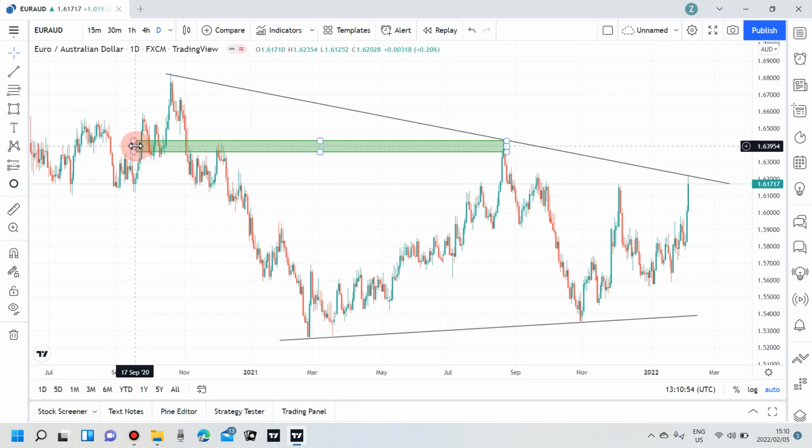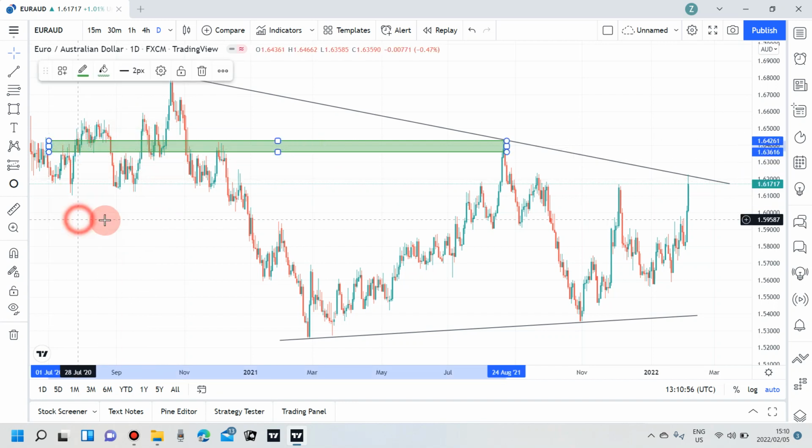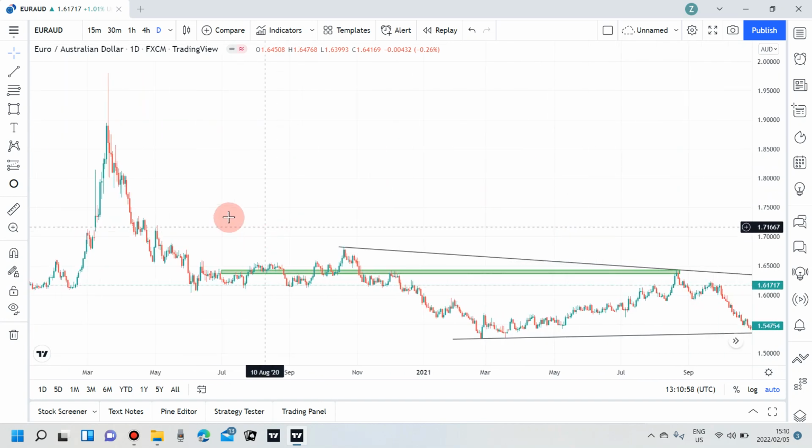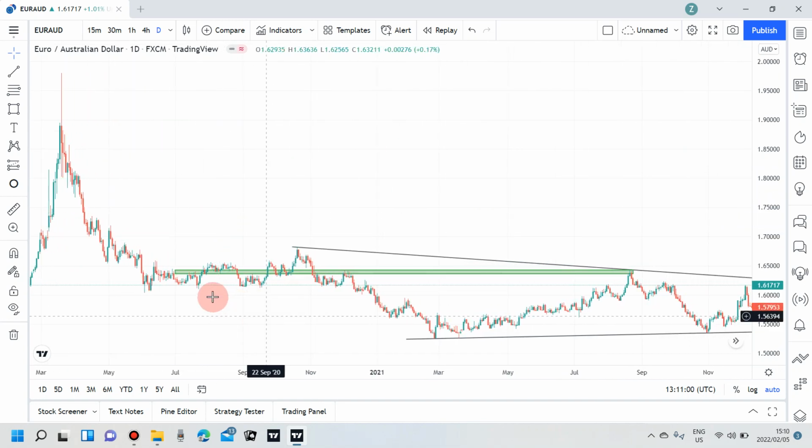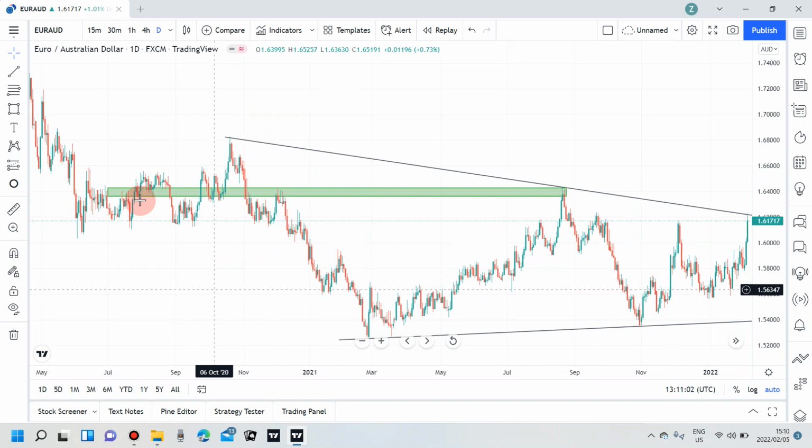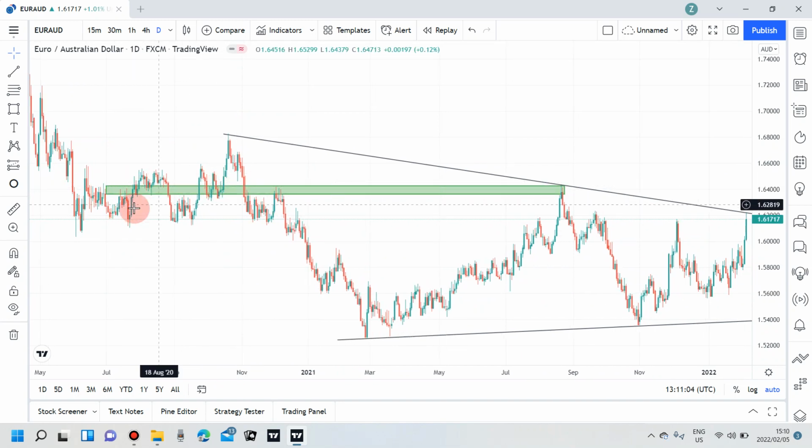Let me extend this. So the market respects this zone here because the market tends to reverse when it hits this zone.